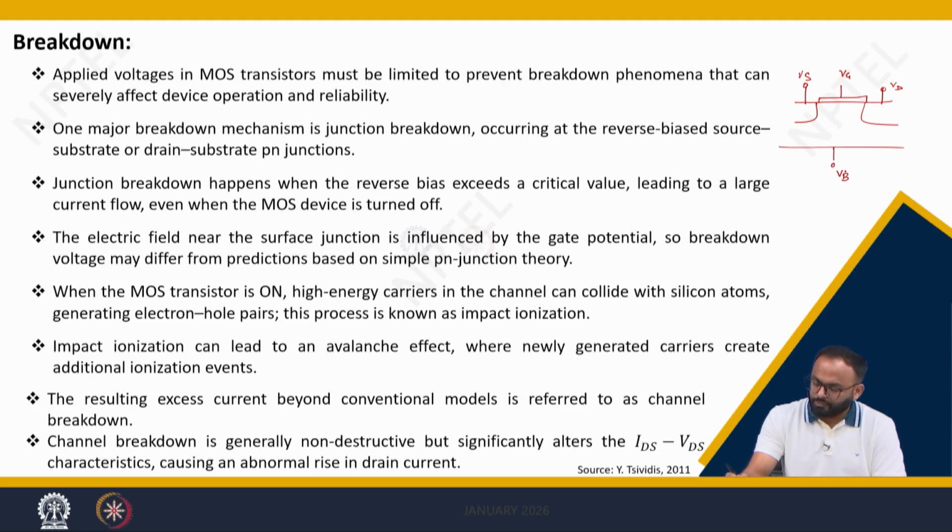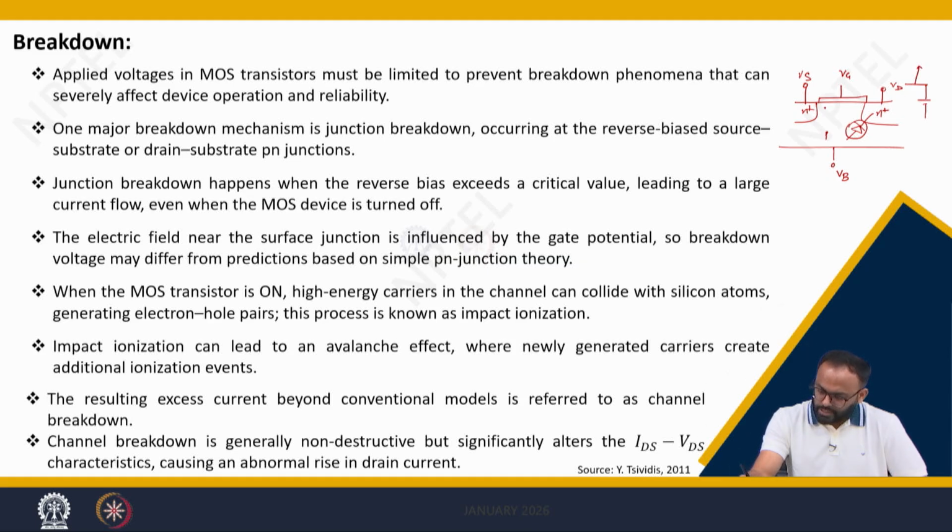You are applying some voltages to operate the MOSFET, but these voltages should have some limit. If you are applying, let us say, VDS, ultimately this VDS is making this junction, n plus and p, similar to a PN junction. So if you increase VDS, what will happen? The reverse voltage across this PN junction diode will increase.